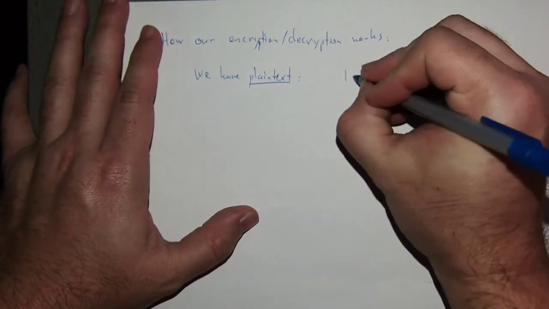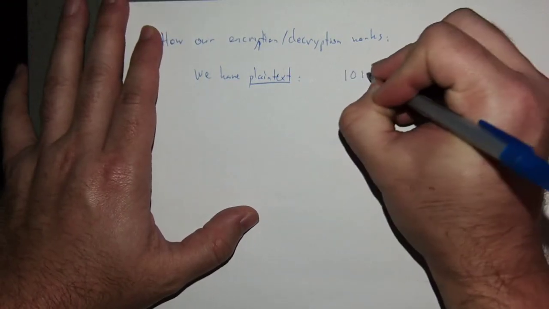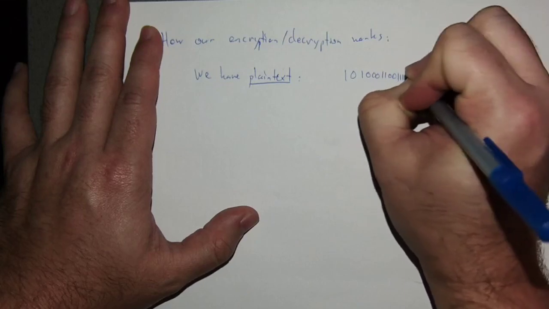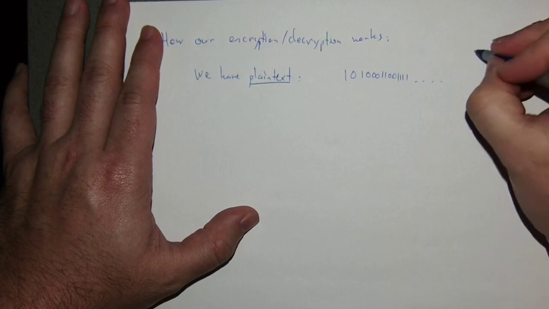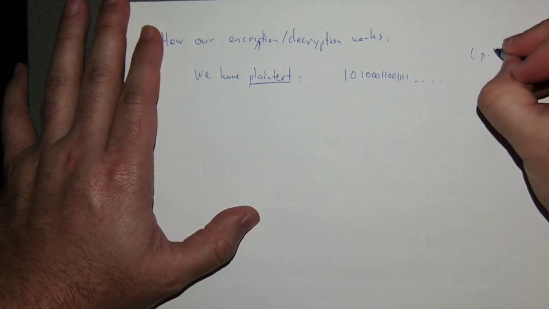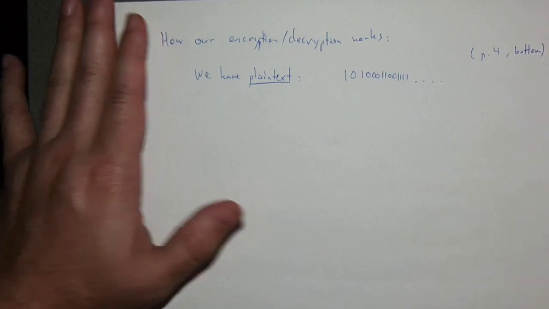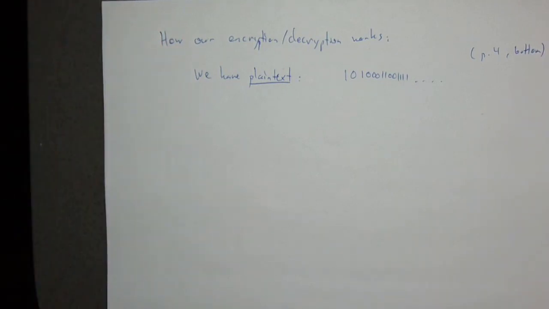But say we have some plain text 101000011001111 and so on. If you want to see the full thing, look at page 4, bottom. Page 4 at the bottom has a nice listing of what is going to be our plain text.